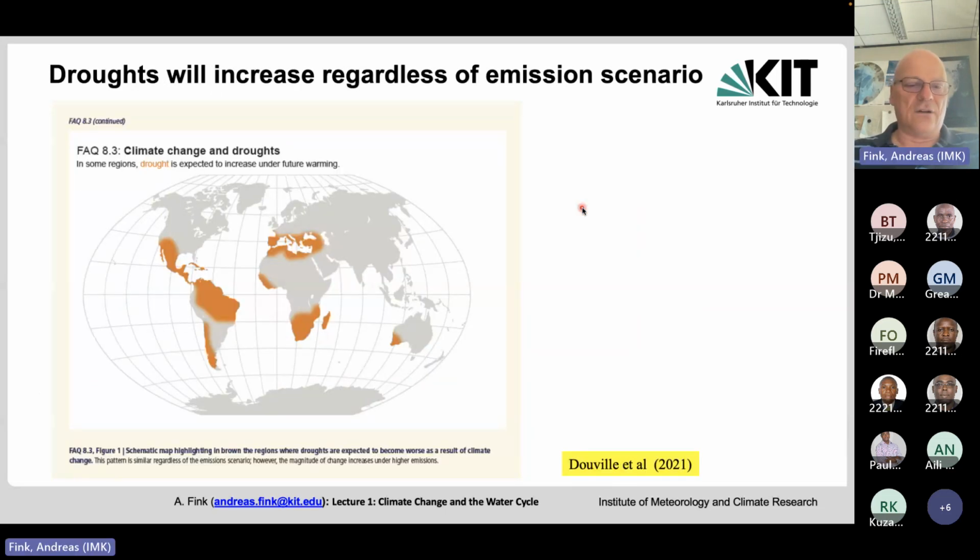Okay, so I also copied this box here, also from the IPCC report, and in the brownish color, it shows you regions in which drought increases. Remember, we already saw a significant increase in consecutive dry days in your region. So the drought will increase regardless of the future warming. If we have 1.5 or 2 or 4, this region will see an increase in drought, not necessarily a drier mean annual rainfall.